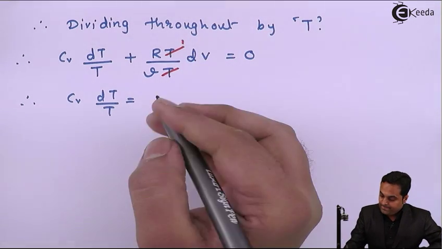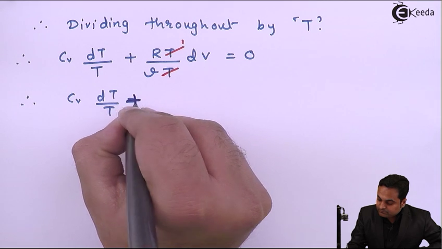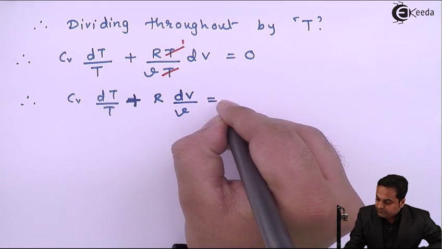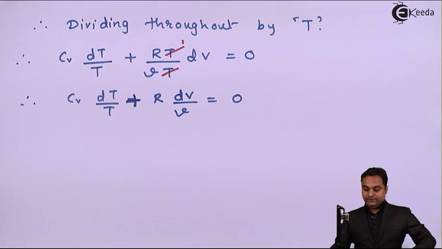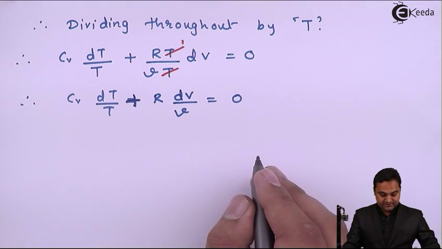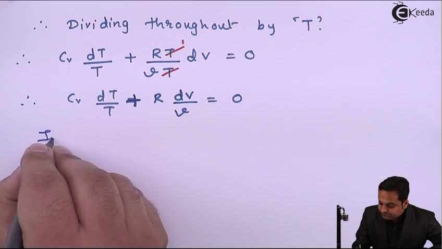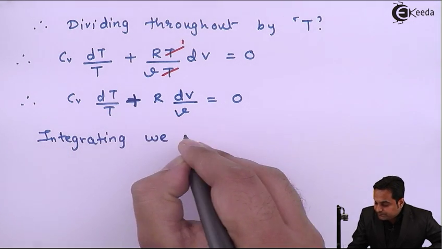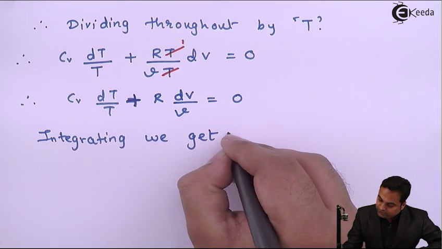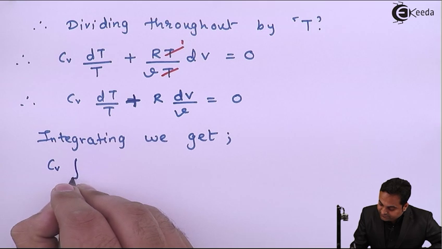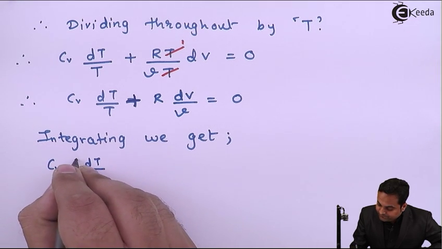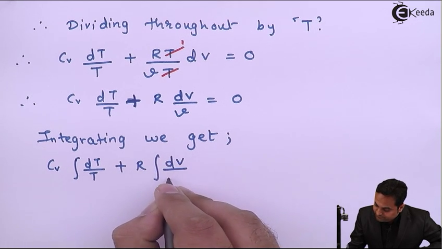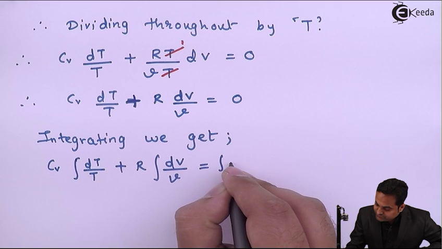So we have plus R into dV upon V is equal to 0. Next, therefore, after reaching this stage, I'll say that integrating we get, now when I am integrating this, CV will remain as it is, integration of dT by T plus R is a constant, that will also remain here, integration of dV by V is equal to integration of 0.